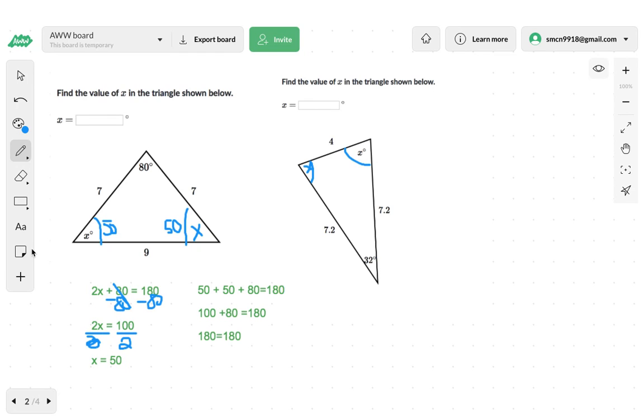So I'm going to set this up again. Again, I'm just going to combine the x's to make it 2x. I'm going to add that other angle, and I'm going to set it equal to 180. I'm going to start to simplify. I'm going to subtract 32 on both sides.